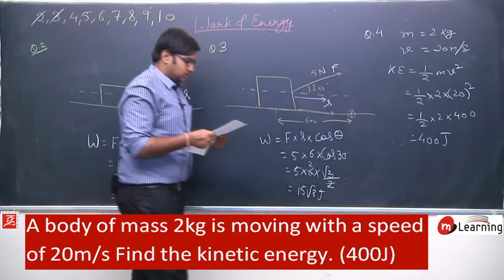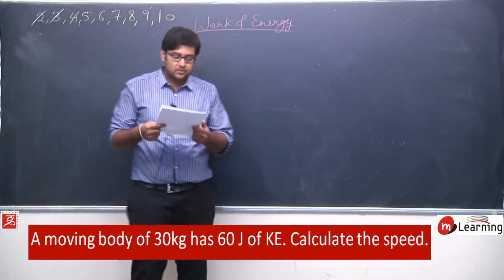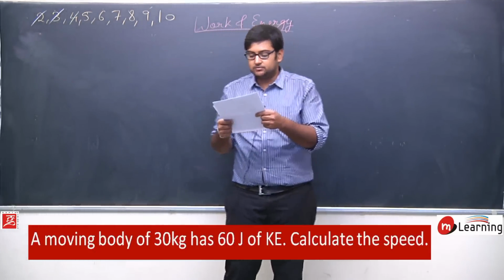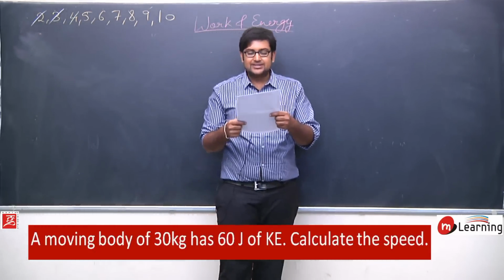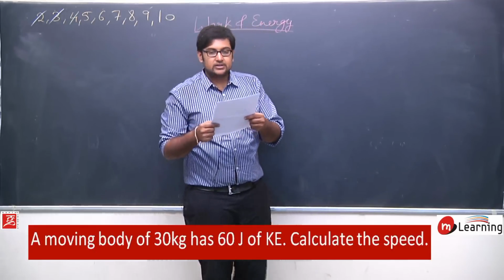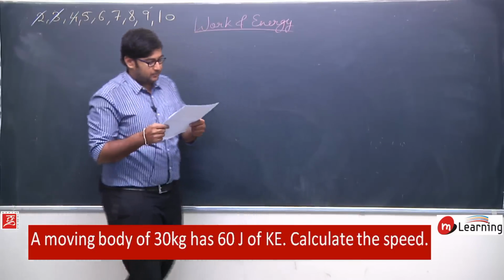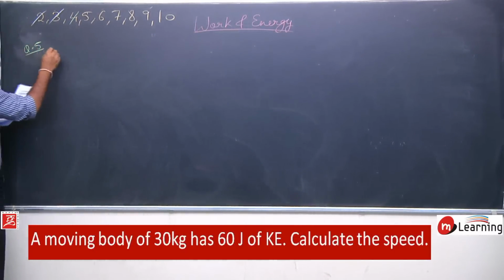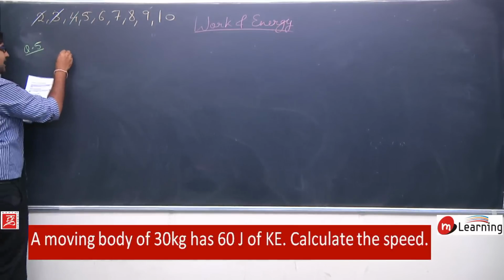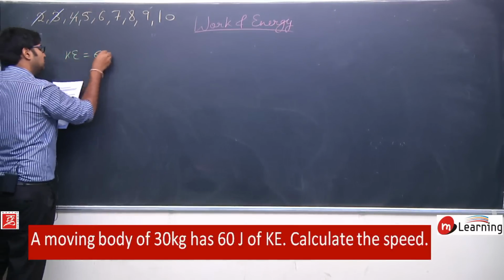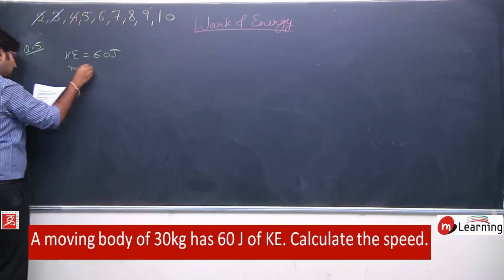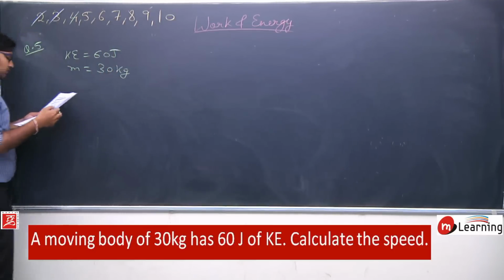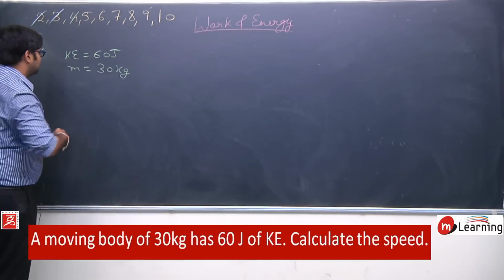Please note this. Now moving to question number 5. It says a moving body of 30 kg has 60 joules of kinetic energy, then calculate its speed. So the kinetic energy is 60 joules and the mass of the body is 30 kg. We need to find the speed of this body.